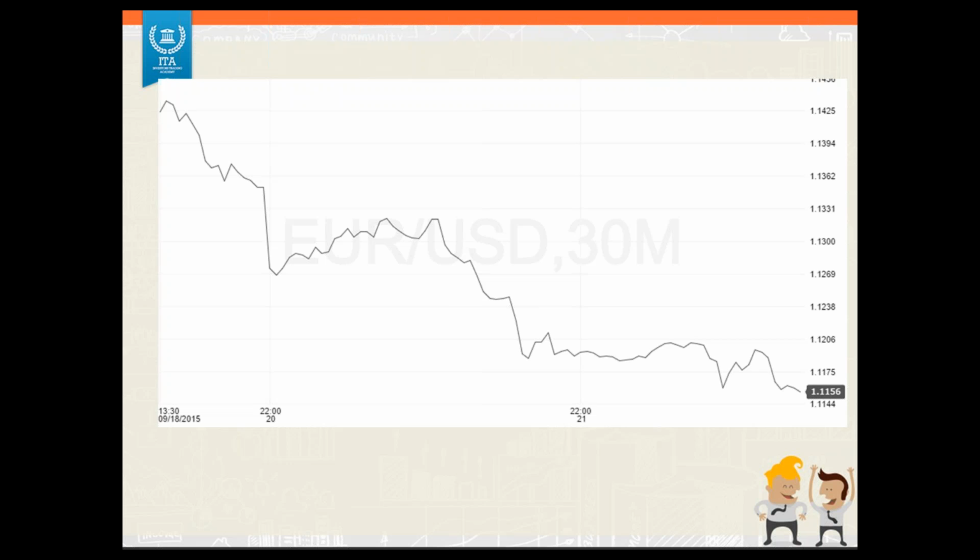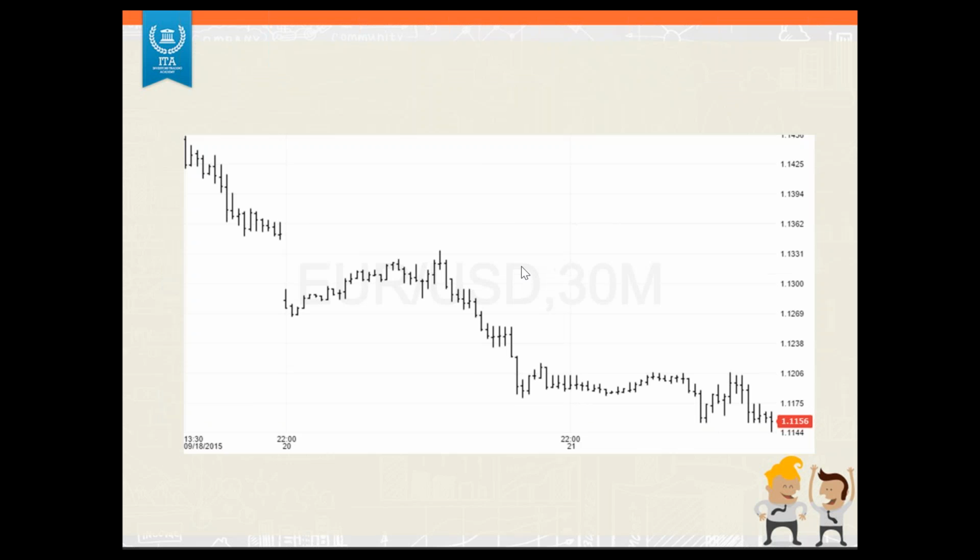Some charts will use the median price, some will use the opening price, but the most common is the close of each period. But it gives you a very finite piece of information, because all you're seeing is the close. You're not seeing how big the market swings are, and you're seeing this one precise moment in time. But a line chart gives you a very good, quick visual understanding of where a price is going. That's it. From here we go to the bar chart.